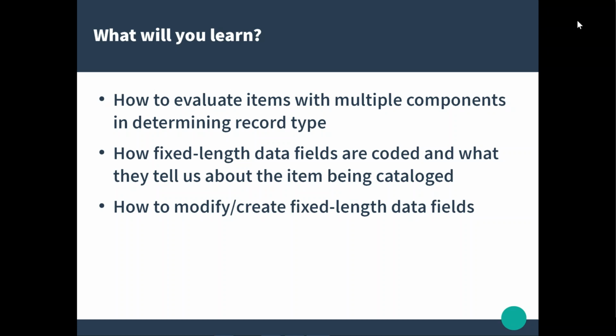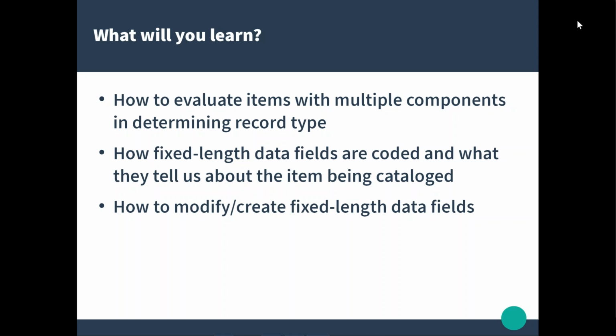Even if in the physical description of the record, so in the 300 field, it may say that it's, for instance, 1 audio disc plus 1 book, or 1 volume plus 1 CD, the record may not include all of the encoded information to account for the various components of the item.